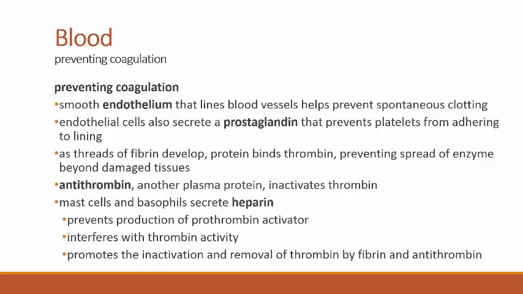And we've talked about the primary events of coagulation: prothrombin activator forming and being released, prothrombin activator catalyzing that chemical reaction that converts prothrombin into thrombin, and then finally thrombin catalyzing the chemical reaction that converts fibrinogen, dissolved fibrinogen, into insoluble fibrin. And then we've talked about the extrinsic and intrinsic pathways of clotting and the common pathway. And then finally we talked about clotting disorders and the anticoagulant properties of blood.